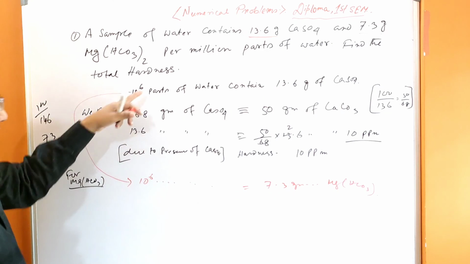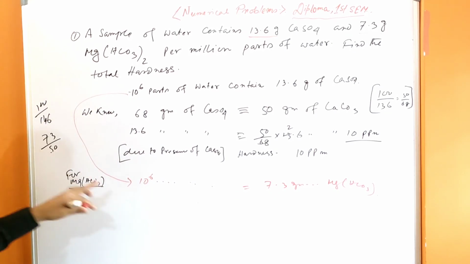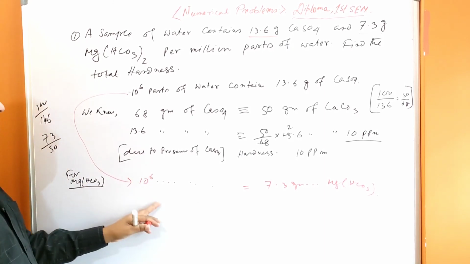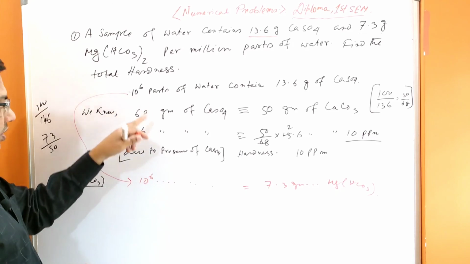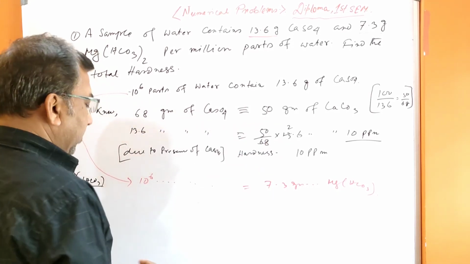Here same line. And what you know, this one: 73 gram of magnesium bicarbonate is equivalent to 50 gram of calcium carbonate.